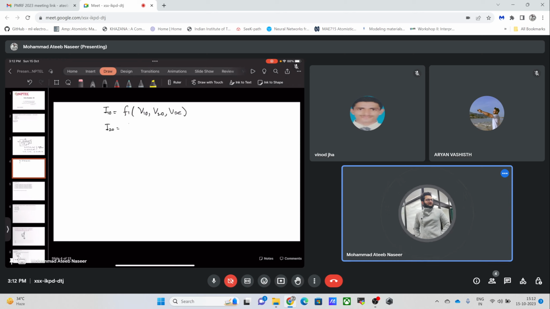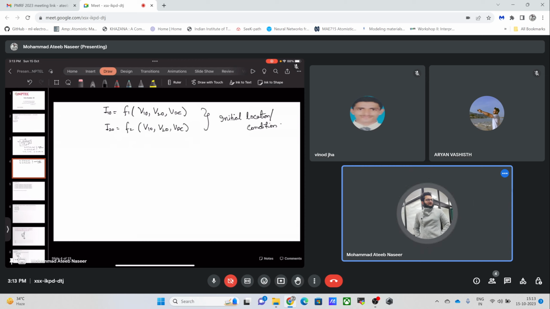Similarly, I2 of 0 is F2, a function of V1 of 0, V2 of 0, and VDC. As simple as it gets. We can consider this the initial condition, or initial location, whatever you would like to name it. Now we are perturbing the system.